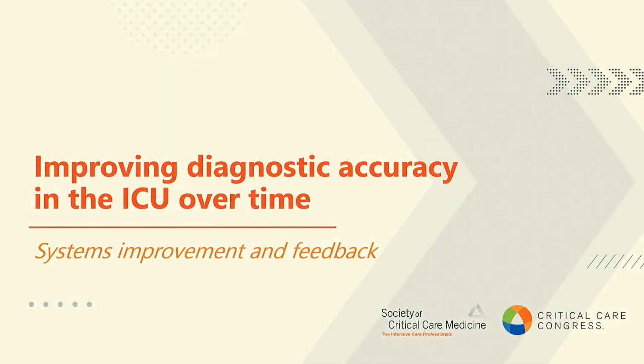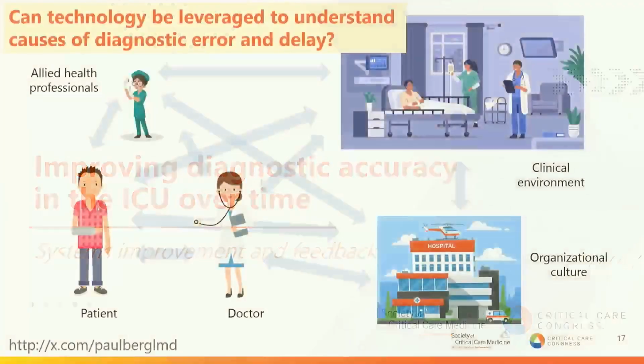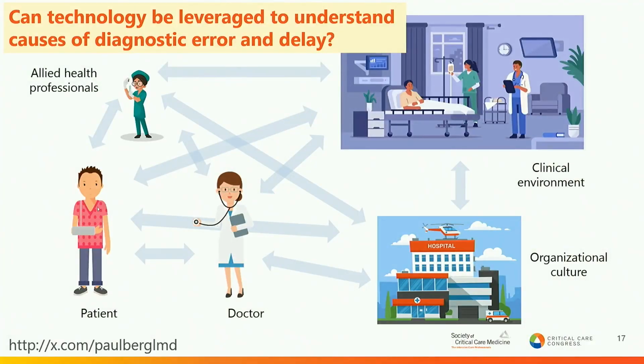So are there other ways that we can use technology to improve diagnostic accuracy in the ICU over time? And I think a lot of it actually goes back to how we can develop, improve, and enhance systems to improve the feedback we get. Firstly, all of us probably recognize and acknowledge that diagnosis occurs in a very dynamic space like this, right?